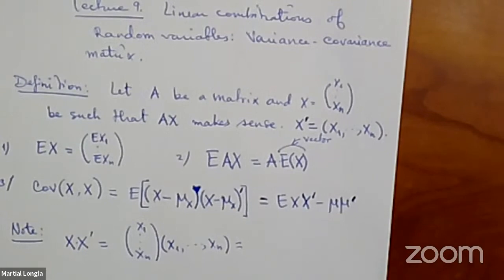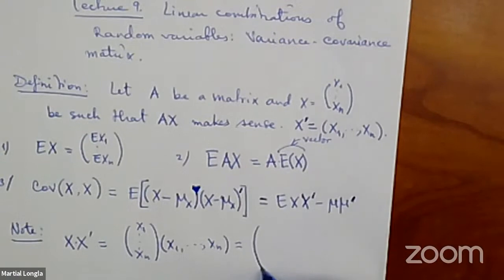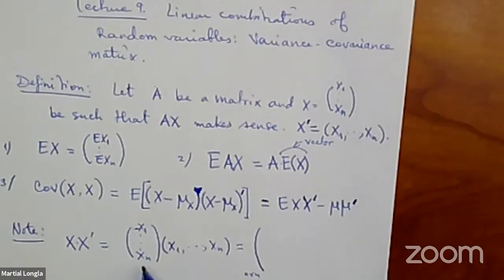And for those of you who had linear algebra, you know how to multiply matrices, right? How do we multiply? Row times column, right? But each of the rows is only one entry, and each of the columns is only one. So this ends up being an n by n matrix.